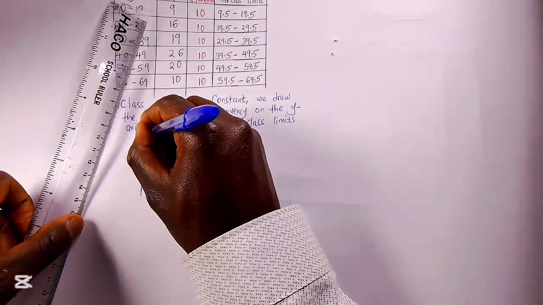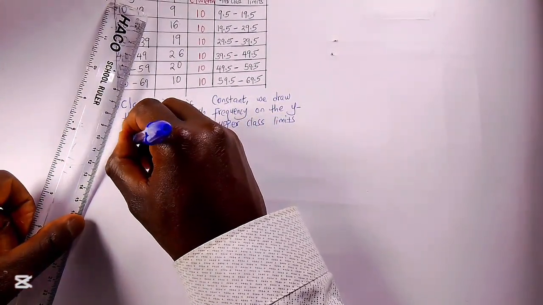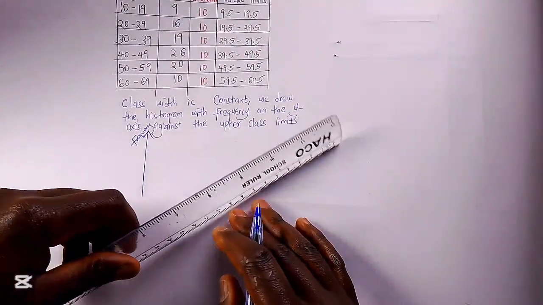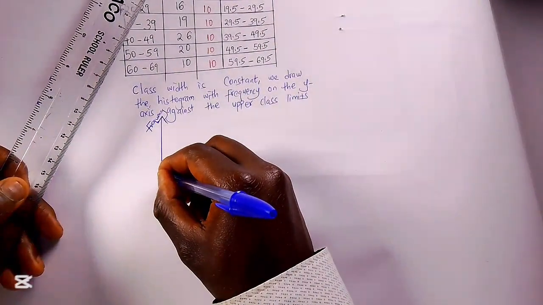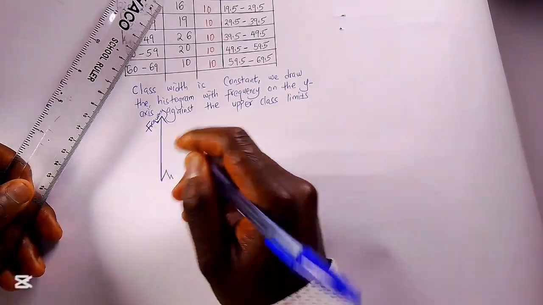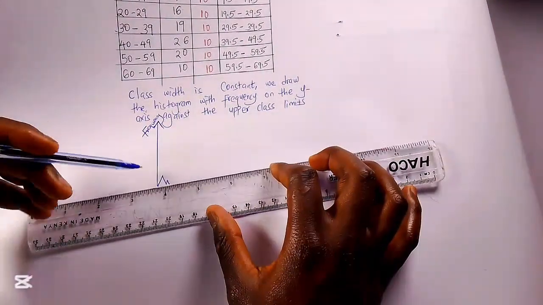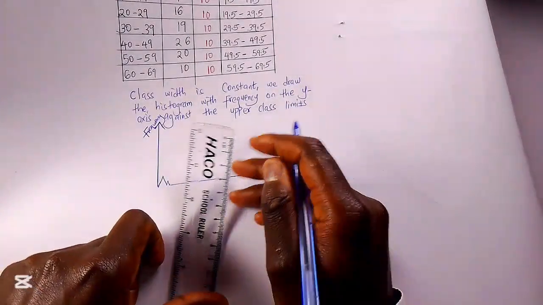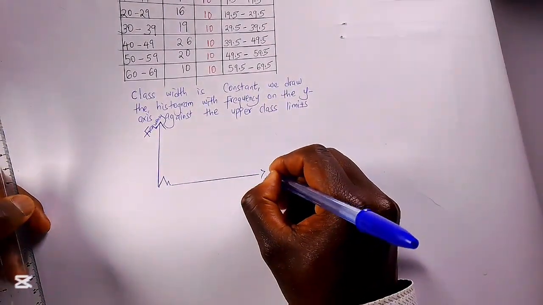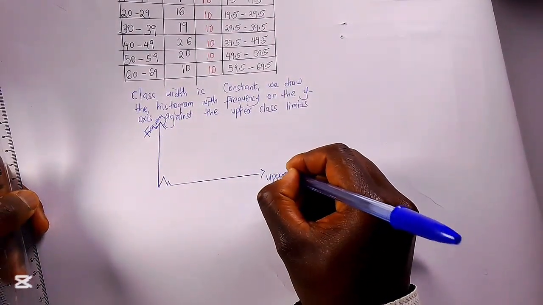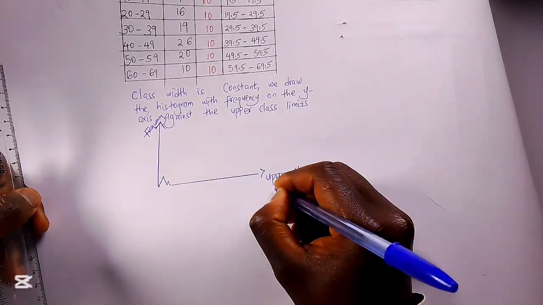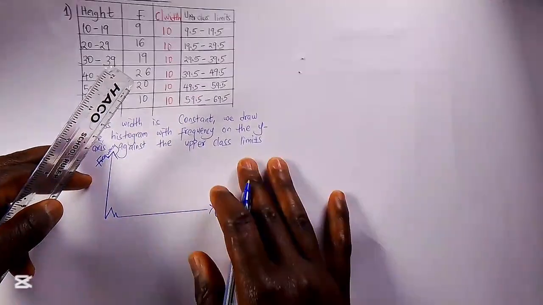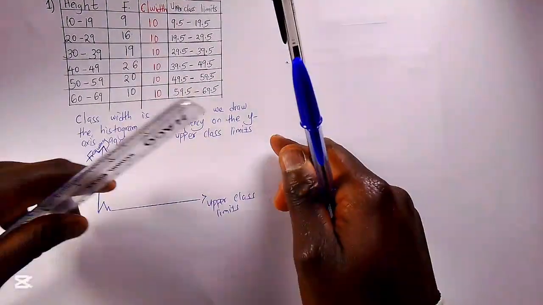We will have the y-axis as the frequency, and we will have our x-axis to be the upper class limits. That is very, very important to note.